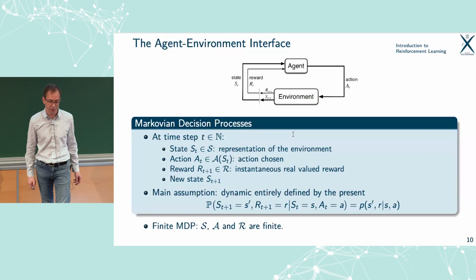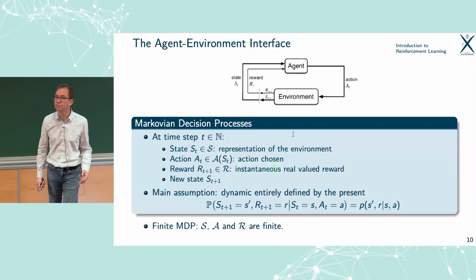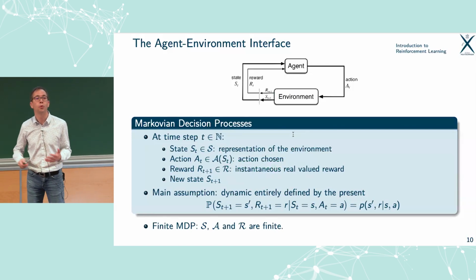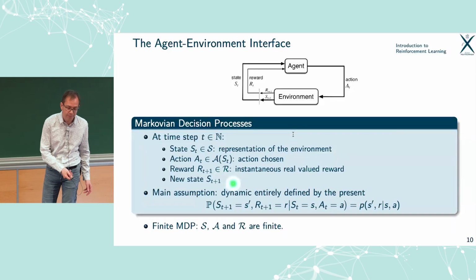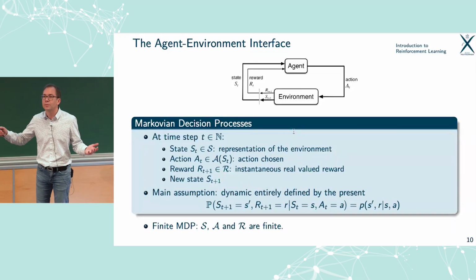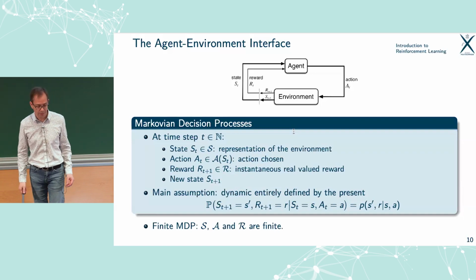Two types of information. First, the reward that we're going to use to measure the quality of our decisions. And then a new state of the world, which should depend on the action.